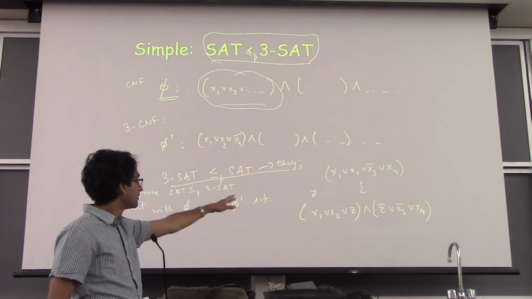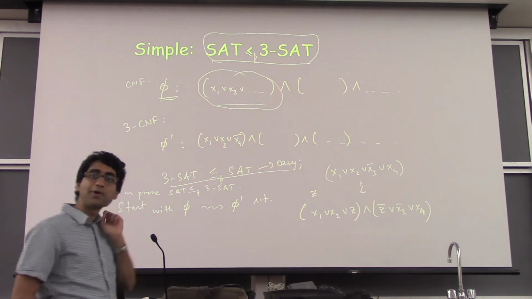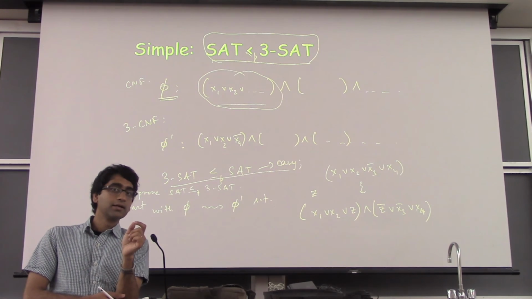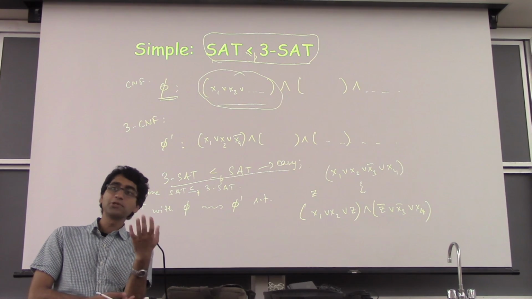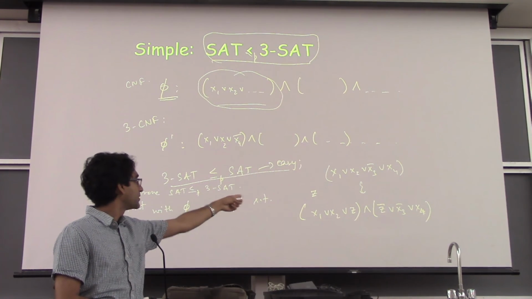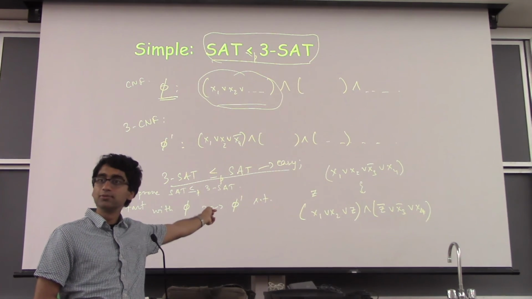In some sense, the z doesn't help you. So why doesn't the z help you? Suppose you set z to be true. Then when is the lower formula true?